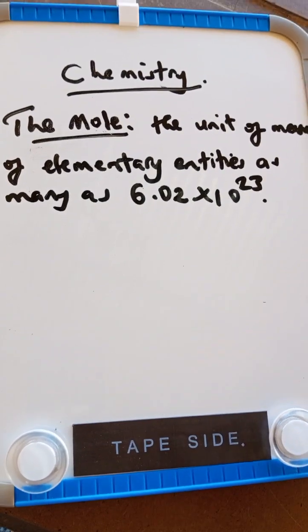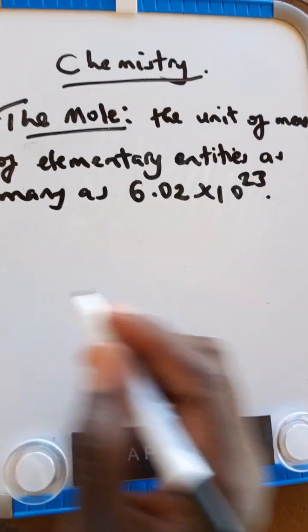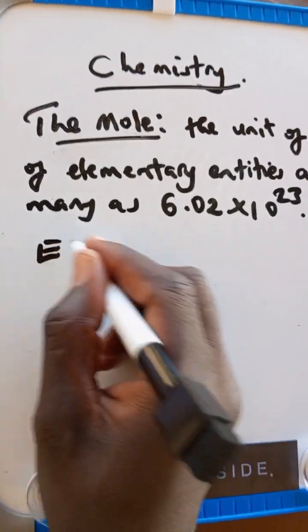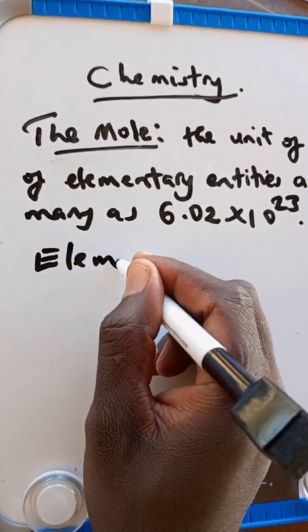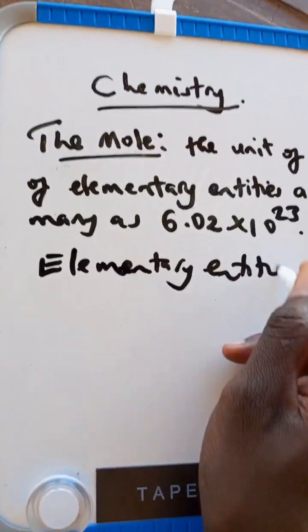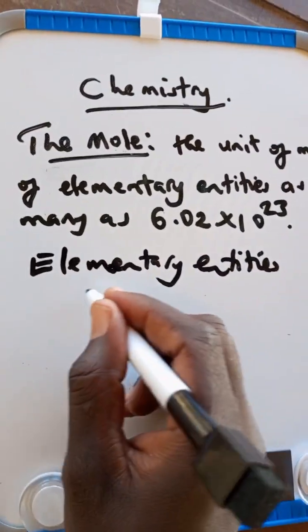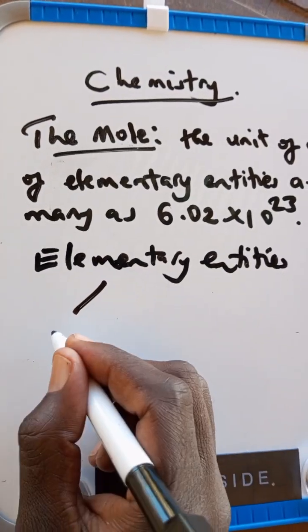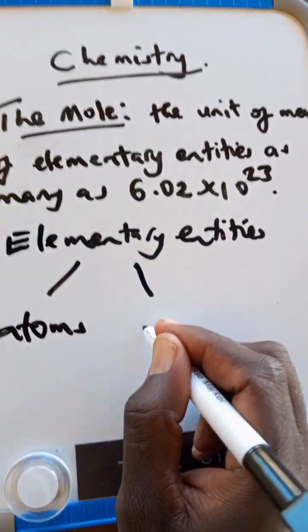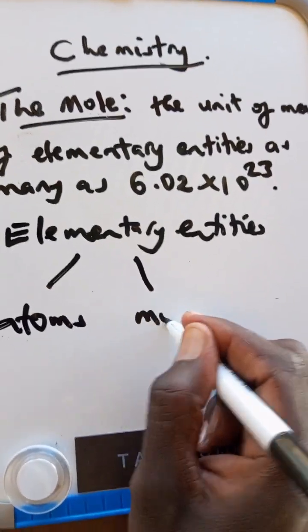Now, these elementary entities may be, one, we're talking about atoms. Two, we may talk about molecules.